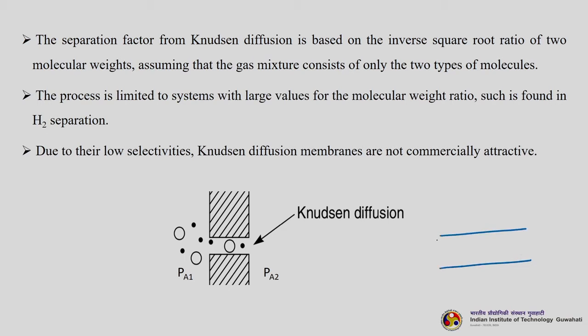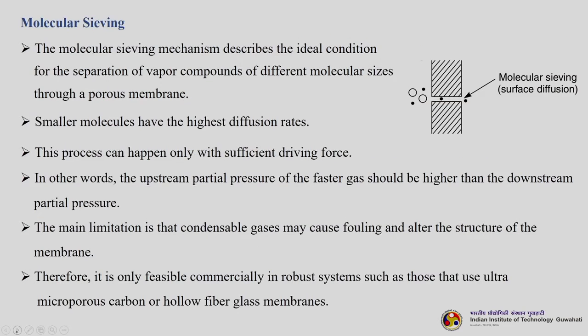Let us say this is your d and this is a molecule which comes and travels. So, it will collide something like this, okay. So, this is basically the mean free path, we can call it lambda. If lambda is greater than d, then Knudsen diffusion will be prevalent. However, due to the low selectivities, Knudsen diffusion is not commercially given importance.